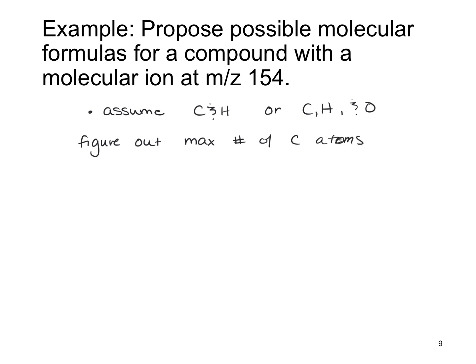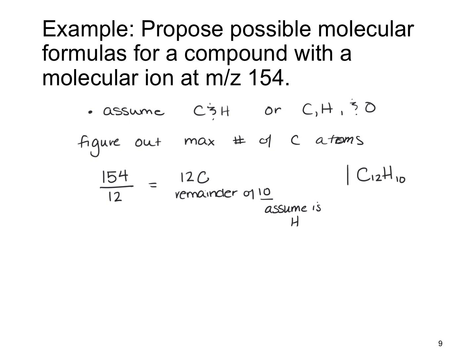So I am going to take 154, which is the molar mass, and divide by 12, that's the molar mass of carbon, and that gives me 12 carbons with a remainder of 10. Now, that remainder of 10, we can assume is hydrogen. So a formula could be C12H10. Okay, that is one possible formula.